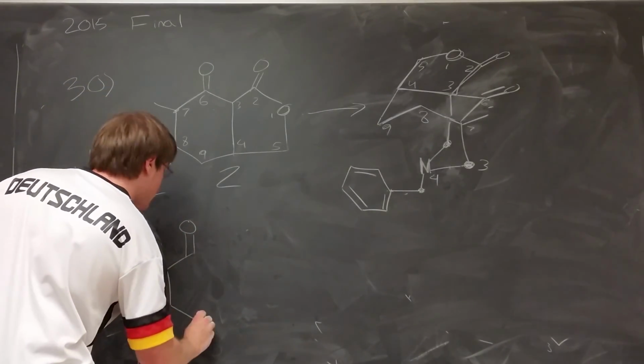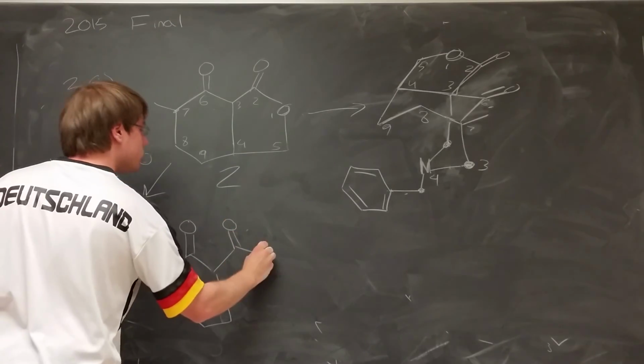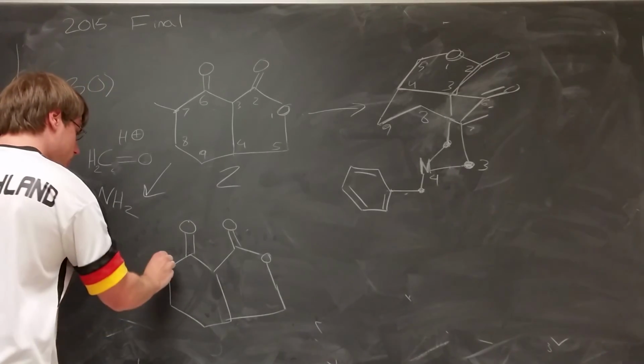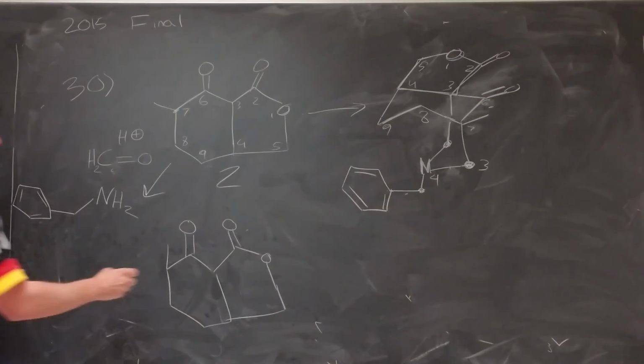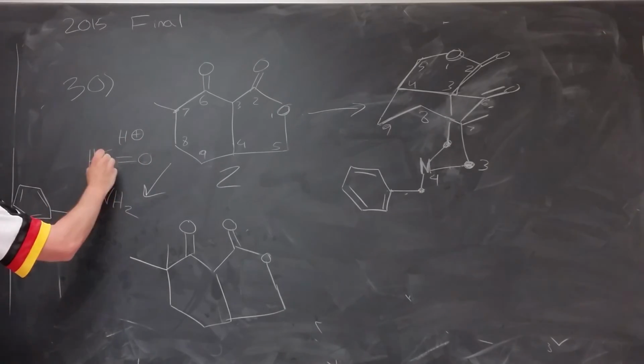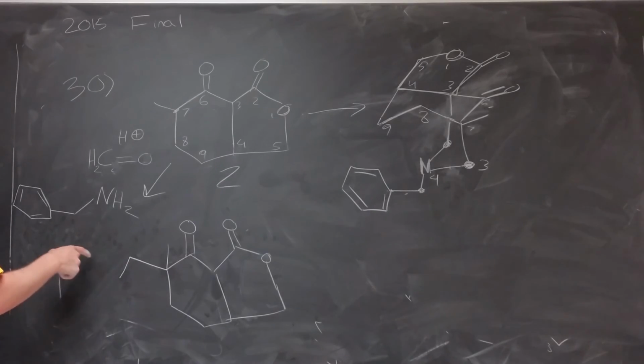Let's draw everything the same as we have it. So carbon 7 has a methyl, but now carbon 7 is also connected to the carbon of the formaldehyde. That carbon of the formaldehyde gets connected to the nitrogen.